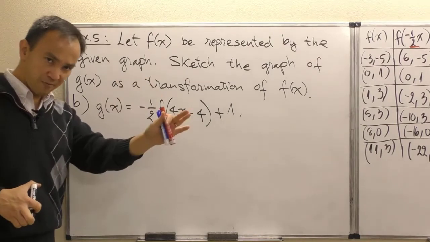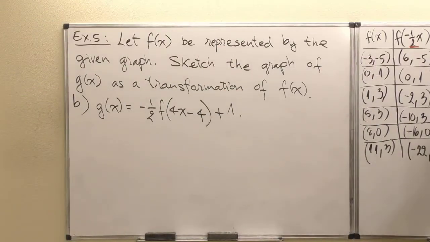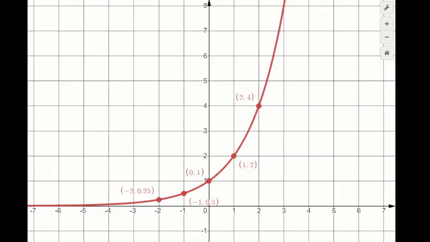It's not the same one we had earlier. This is now the graph of our function f of x in part B of the example. That's the graph, and I already put down a few guiding points that stay right on the grid. Now let me talk a little bit about this graph.